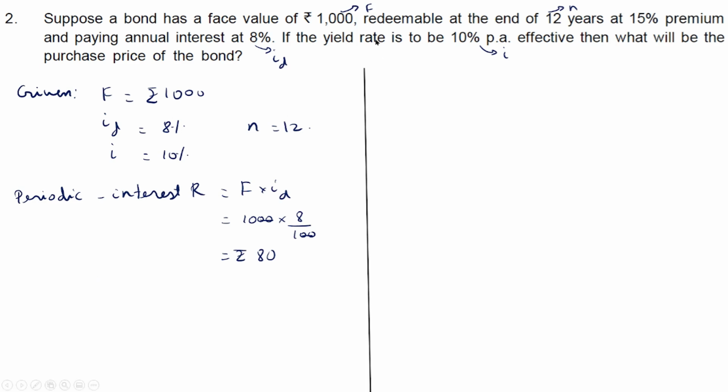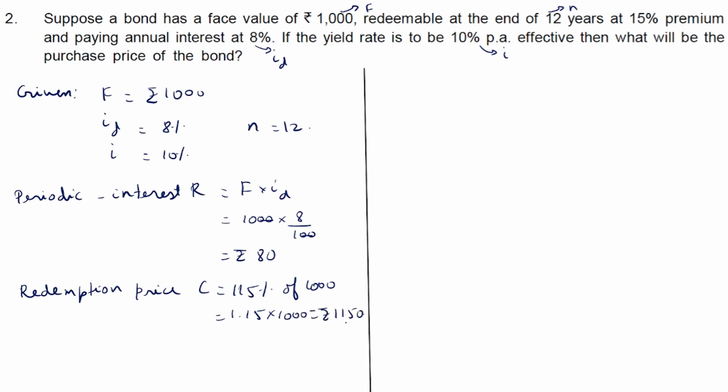Then it is given it is redeemable at 15% premium. So the redemption price C is equal to 1000 plus 15% of 1000, or we can write it as 115% of 1000. So it is 1.15 into 1000, which is rupees 1150.